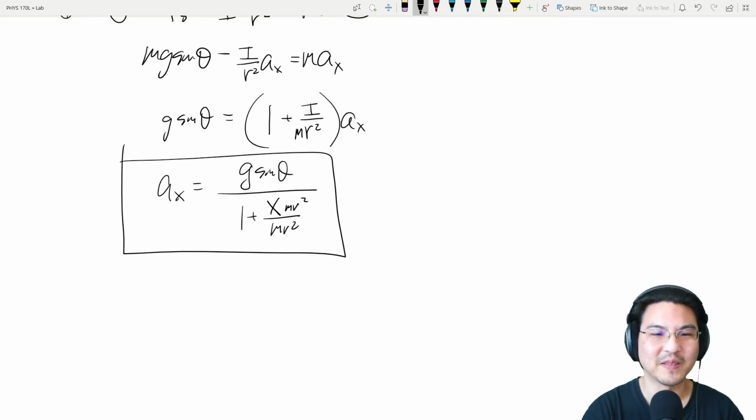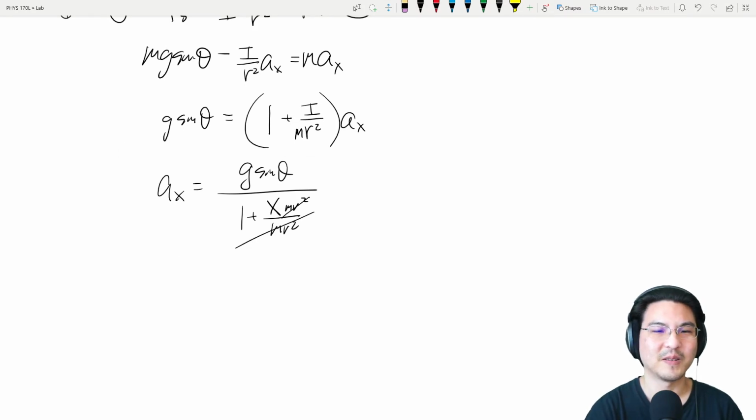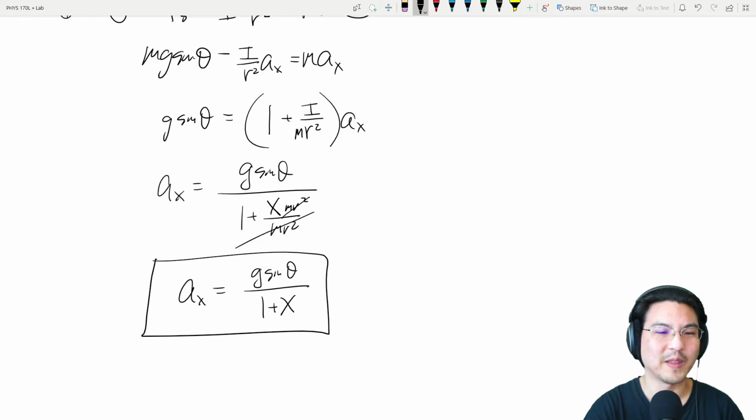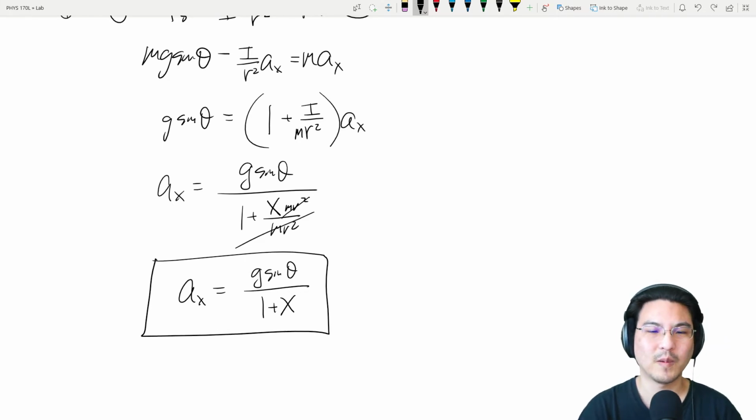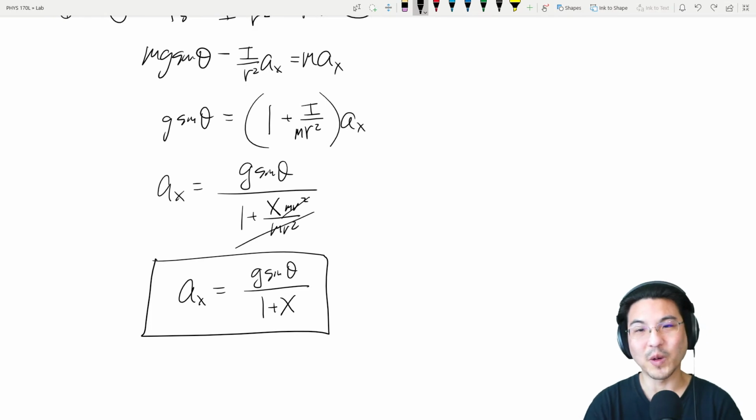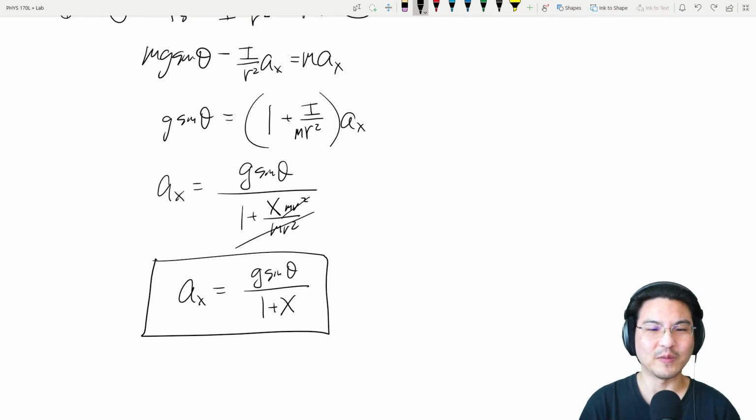And now see how that just cancels? So then we could write it more like this. There. For this x being that coefficient. Right, so like a hoop will be 1, a solid sphere would be 2/5, and then whatever you have will be in between those two extremes.